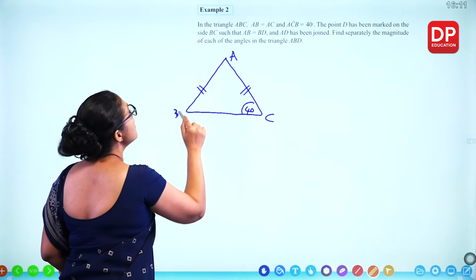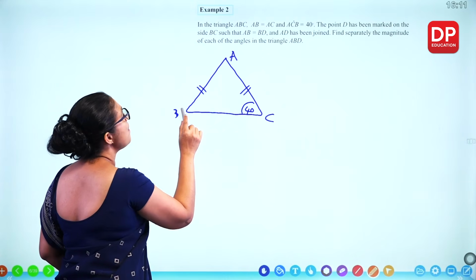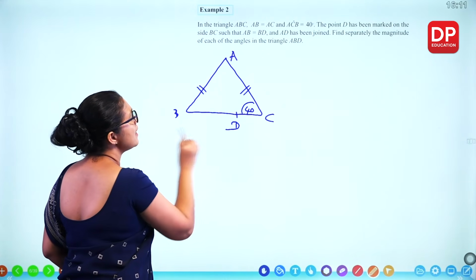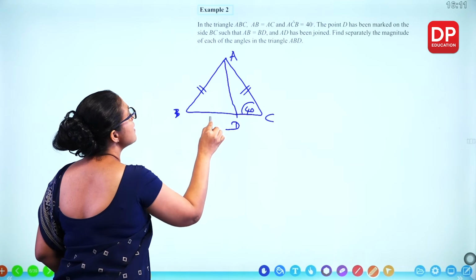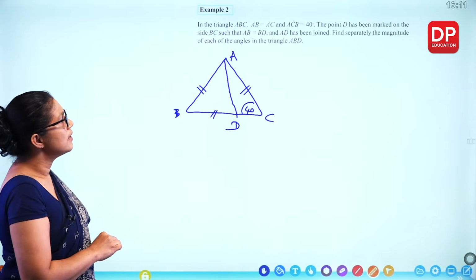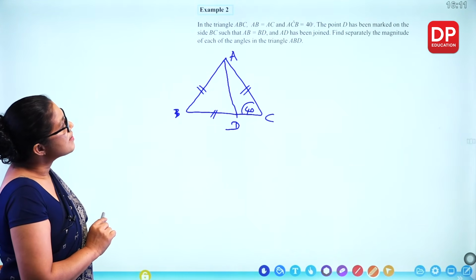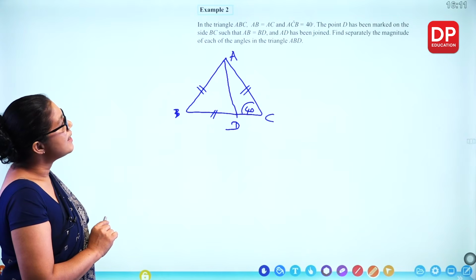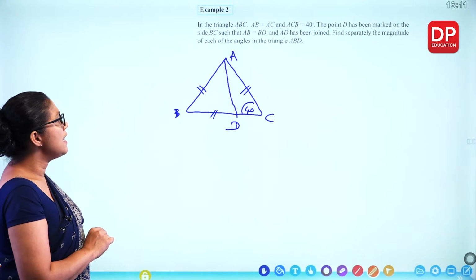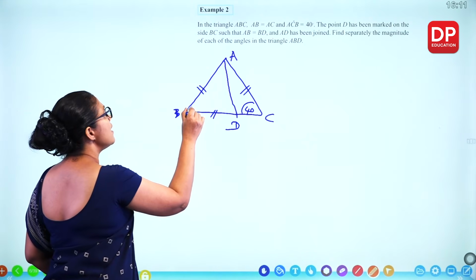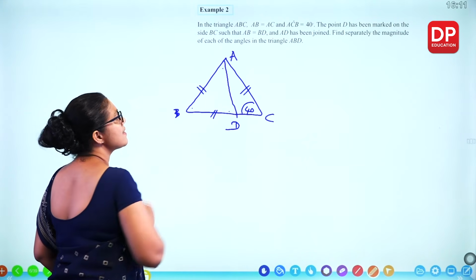So here we'll mark this length as also equal. So they are asking, find separately the magnitude of each of the angles in the triangle ABD. So we need to find this one and this angle.